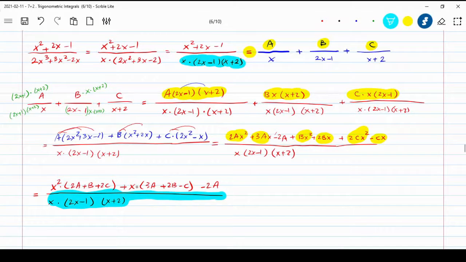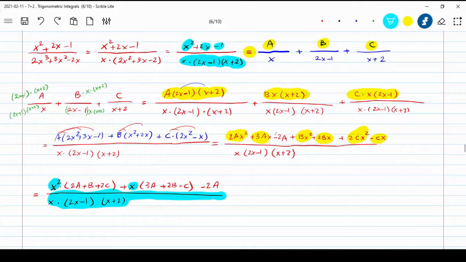What does it mean? It means if these two fractions are the same, then the numerators must exactly match. How does that happen? That happens by having x squared matching up with x squared, the 2x matching up with the term containing x, and the constant matching up with the constant.